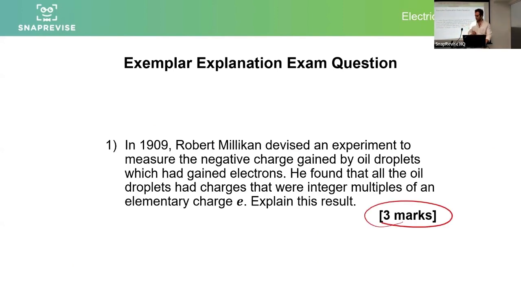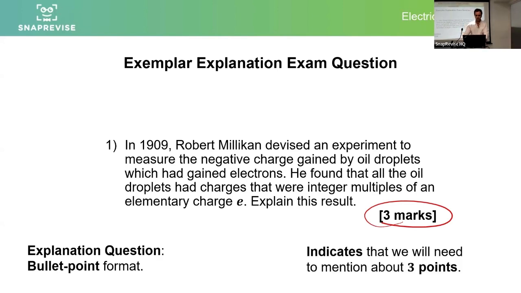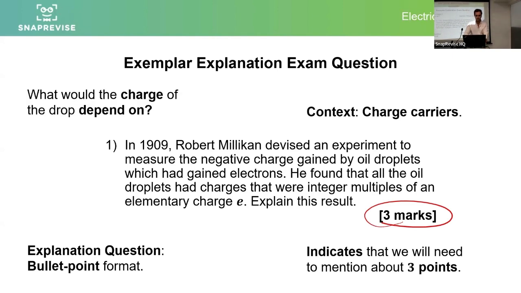So you'd say the charge of the droplet is the total number of electrons in it multiplied by the charge. All electrons have that elementary charge, and therefore it's impossible to get a non-integer value.